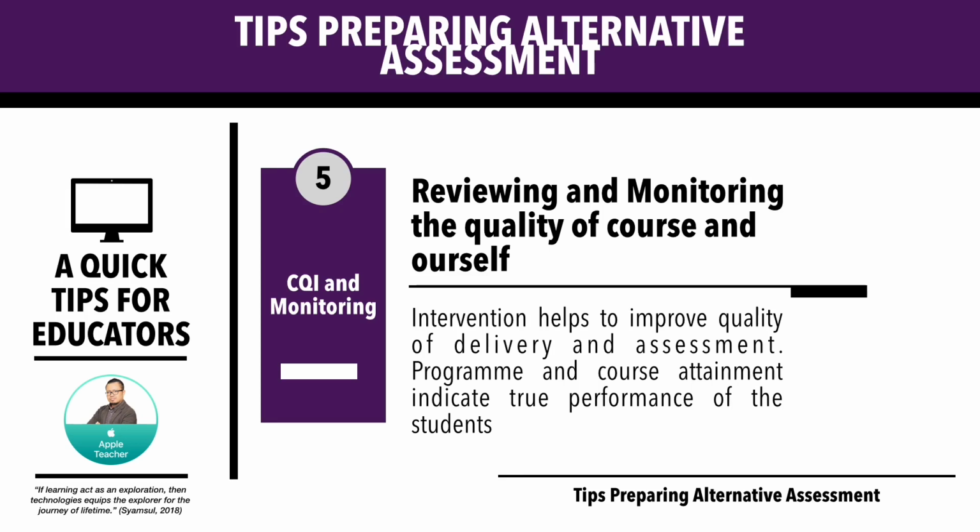The last element is element number 5, CQI and monitoring. Monitoring includes reflections on the following, for example, student performance by identifying trends, making comparisons, knowing about the performance of different groups of students, using benchmarks, and setting and reviewing targets.